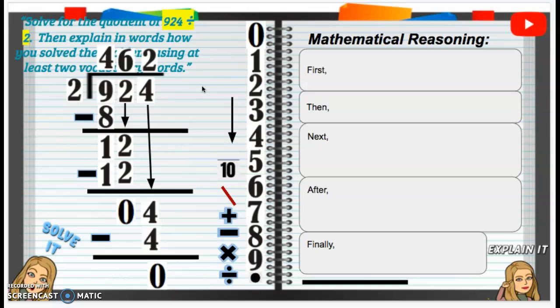So, we are going to write in our boxes for the mathematical reasoning. So first, what we did was, we had to rewrite the problem to look like we did with this in the house. So first, rewrite the problem with that 924 as your dividend and your 2 as your divisor.